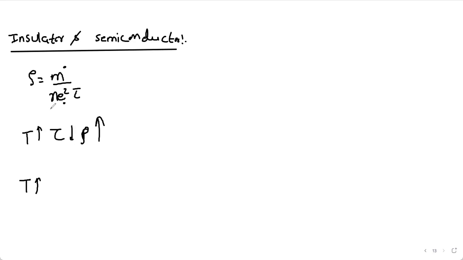The next effect is on number density. When I increase the temperature of an insulator or semiconductor, the number density will also increase. Some bonds will break and new free electrons will be generated. This n is in the denominator, so if n is increasing, then rho should decrease. So one effect is trying to increase resistivity, and another effect is trying to decrease it.